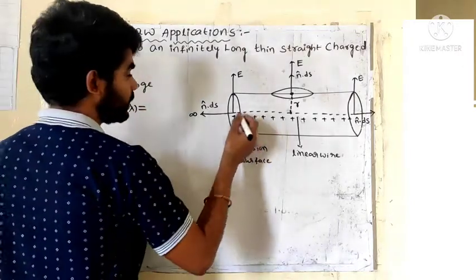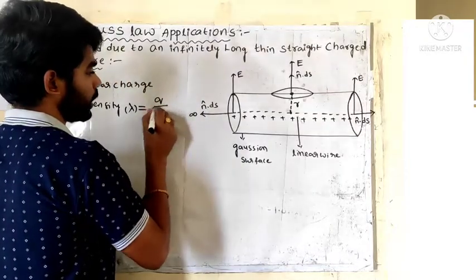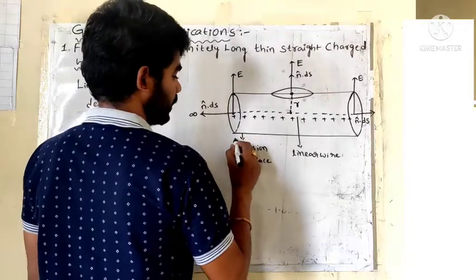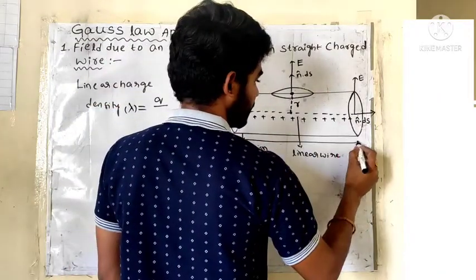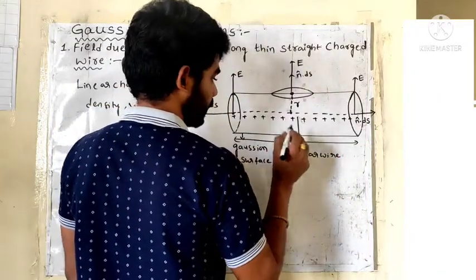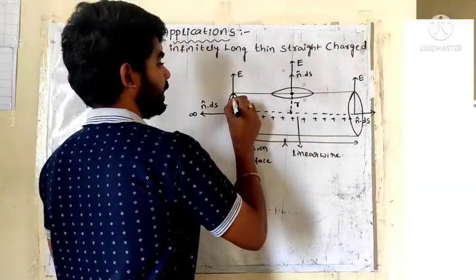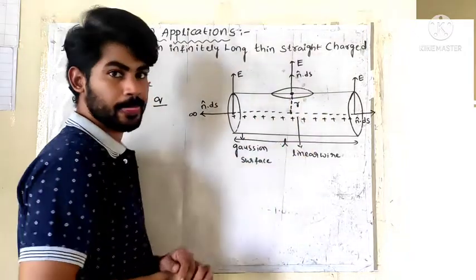How much charge is distributed here? Q charge. Let us consider the Gaussian surface length is L, and the Gaussian surface radius I am taking as R.